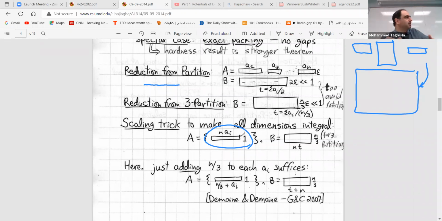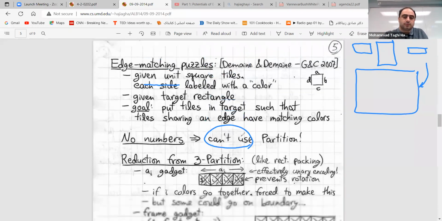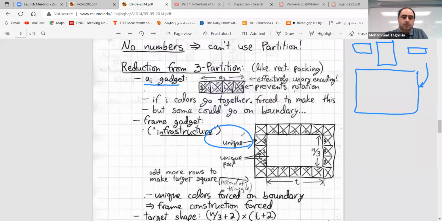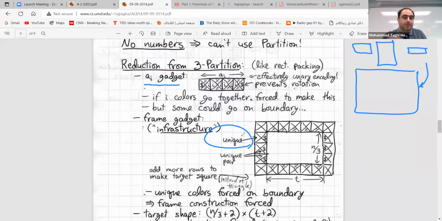That is enough because you can use it much more easily. So here we can assume that these Ai's each have some length and the width is 1. Why? Because we knew that even in that case, the problem is hard.